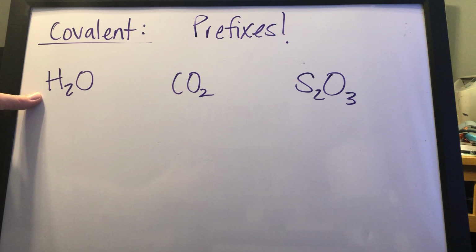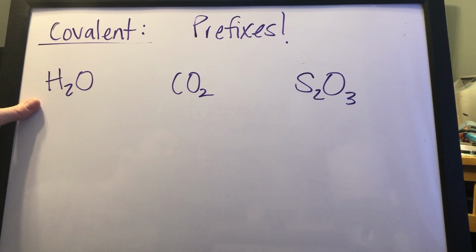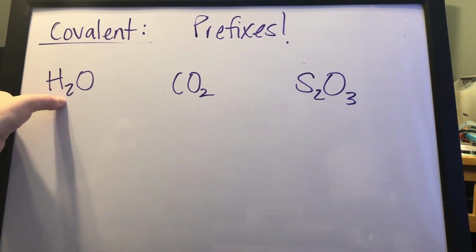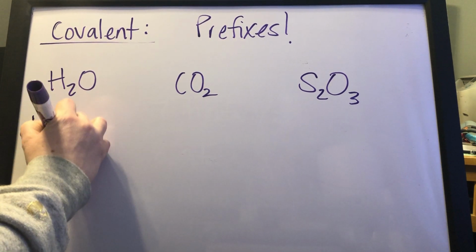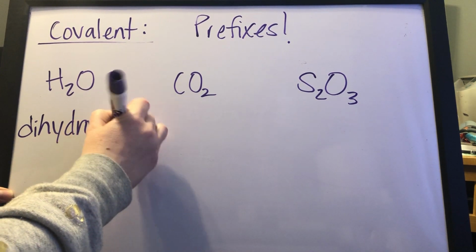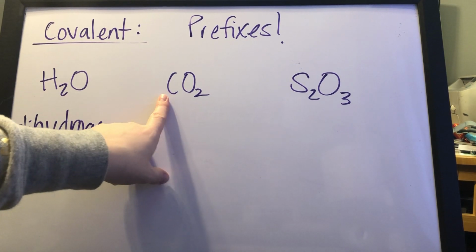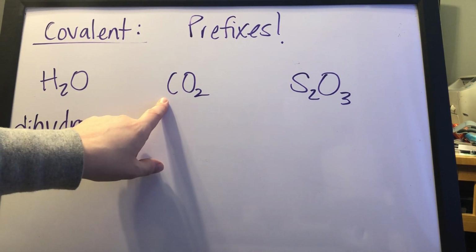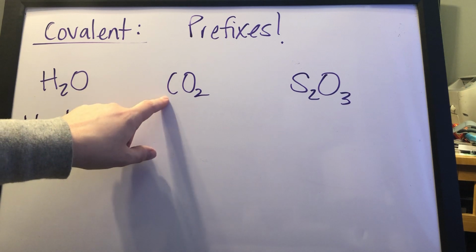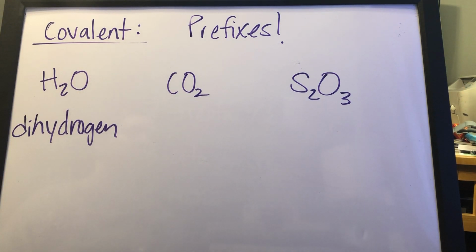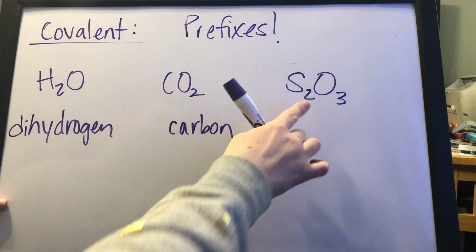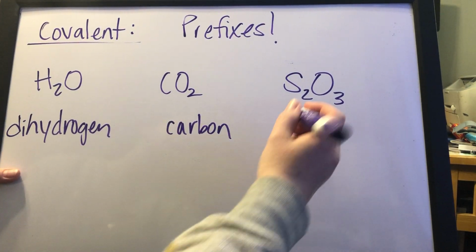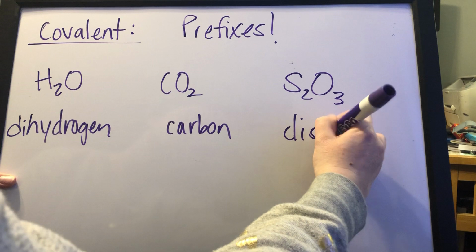So in this case, I have 2 hydrogens, so I'm going to use a prefix. The prefix for 2 is di. So di, and then I name this guy hydrogen. For this one, I only have 1 carbon, so I do not need a prefix. Remember, the rule is use a prefix on the first atom only if there's more than 1, so I'm just going to name this as carbon. And then again here there's 2, so I need a prefix, di, and that's sulfur, so disulfur.